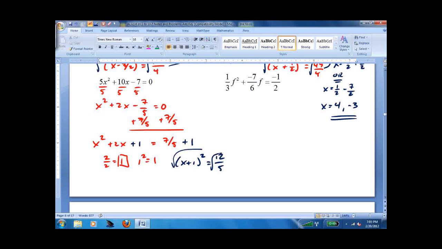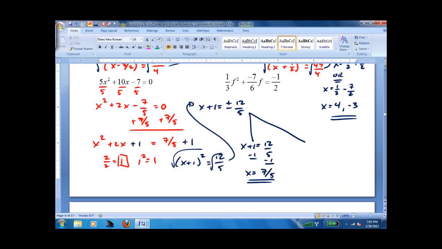Square root of both sides. Two solutions. You can put them in to check. Not going to mess with that one.